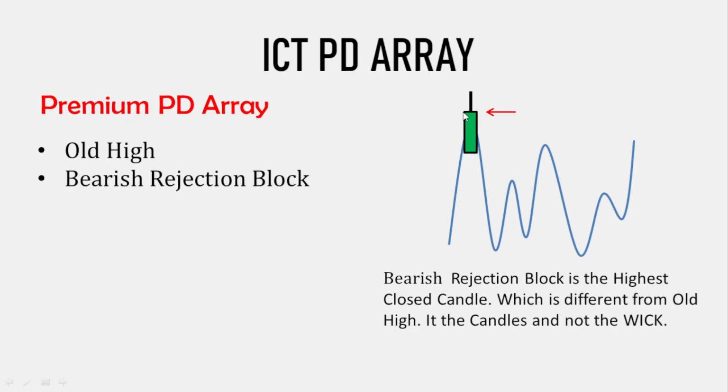It has buy side liquidity, and you can use it as a target, or you can use it as a reversal. So the bearish rejection block is the highest closed candle, which is different from an old high. It's the candle body and not the wick. Two completely different things. The old high is the wick, and the rejection block is the body.